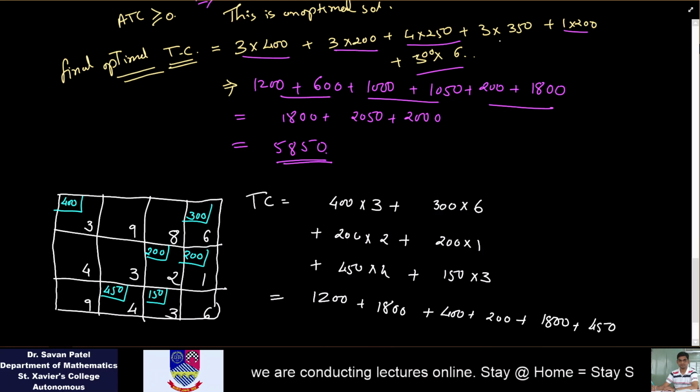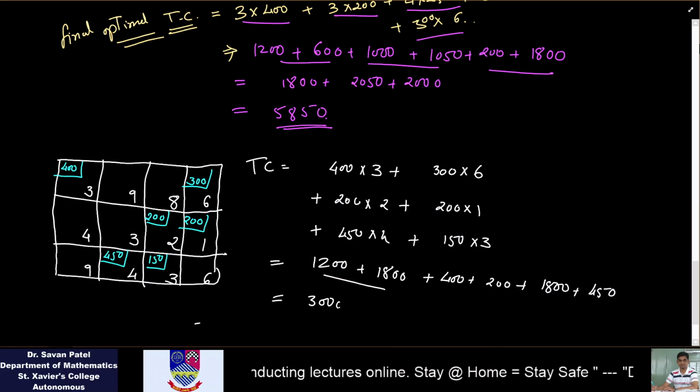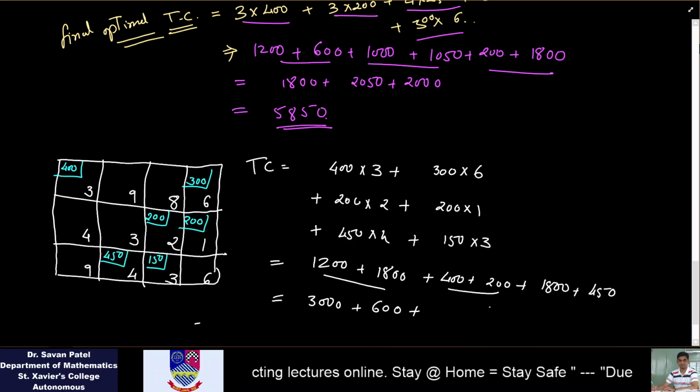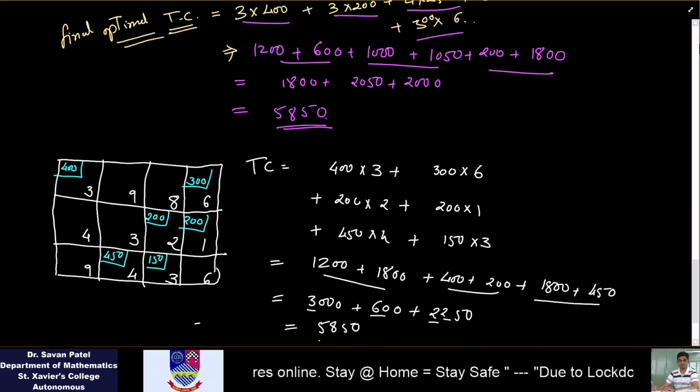Okay, now the sum of these values is this 3000, this 600, and this 2250. 3 plus 2 is 5, 6 plus 2 is 8, so 5850.